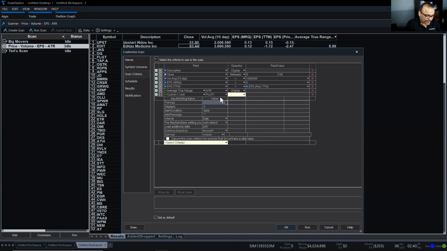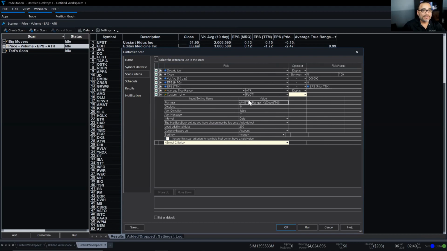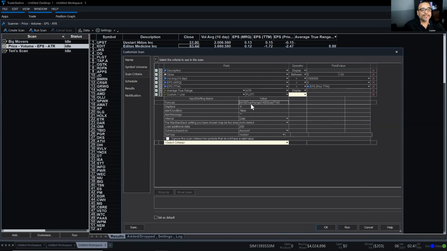I'm just going to type in the formula that I used in charting, which is open parentheses, AVG true range for 14 bars, divided by the close, close parentheses, then multiplied by 100. I'm sorry, it doesn't fit everything in here. Let me see if I'm able to resize some of these columns. Yep, I am. Let me resize all of this so you can see everything. Okay, you can see the formula.